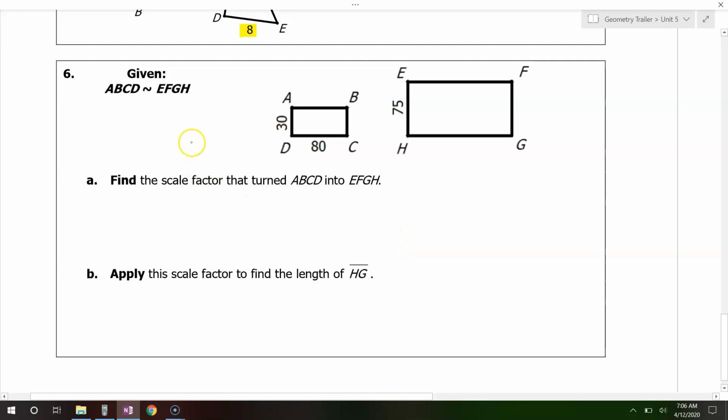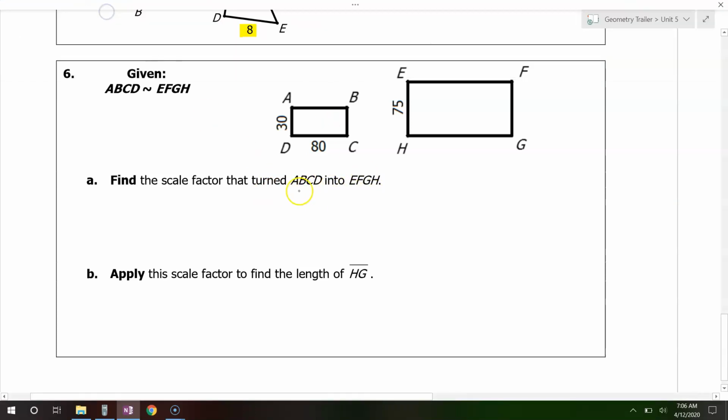Okay, so these two triangles are similar. These two rectangles are similar. This is the symbol for similarity. We need to find the scale factor that turned ABCD into EFGH.